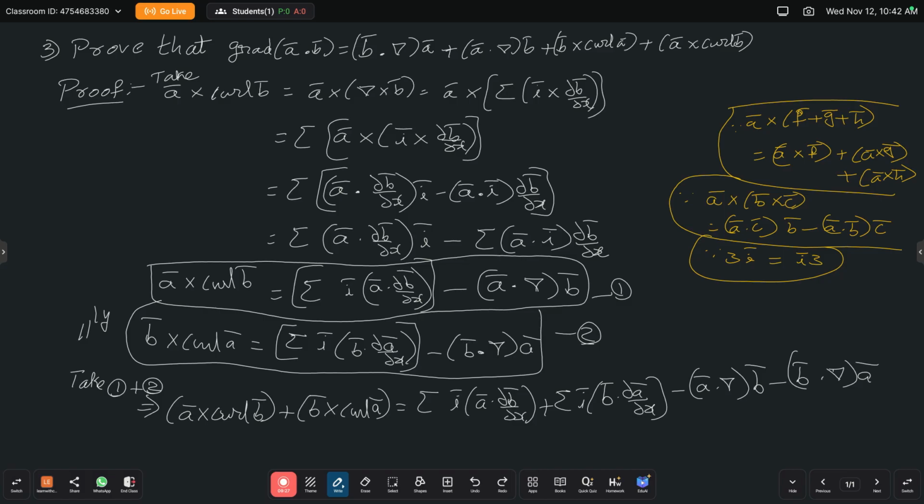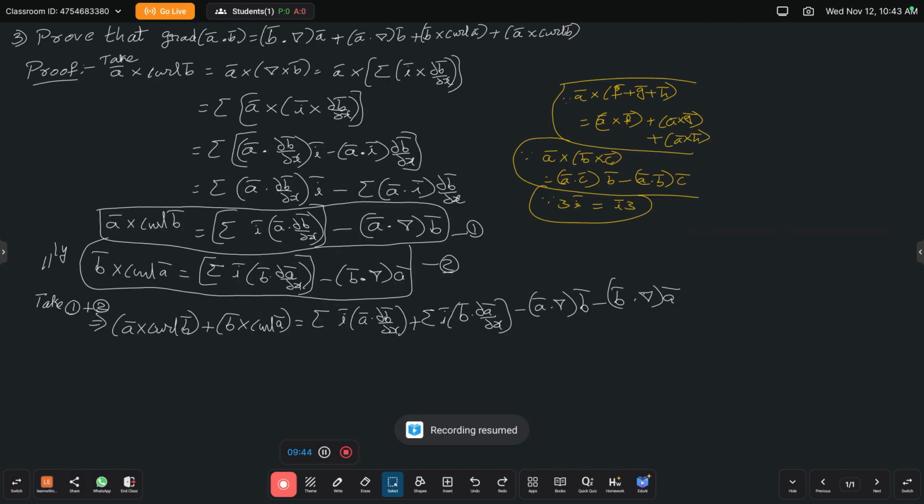Then in the next step, the last two terms of the right hand side, minus a bar dot del into b bar minus b bar dot del into a bar, I'll bring to the left side.